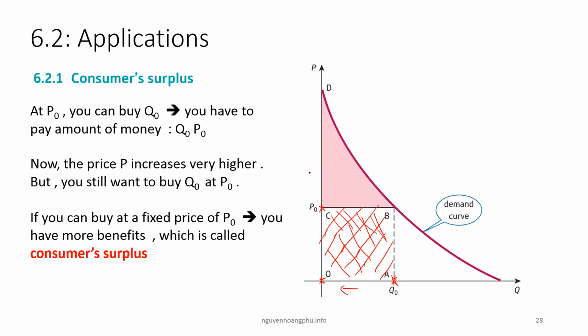If the price is going up, the quantity is going to reduce. But they say if the price goes up and you still can buy at Q0, in this case you will have this part as a surplus.